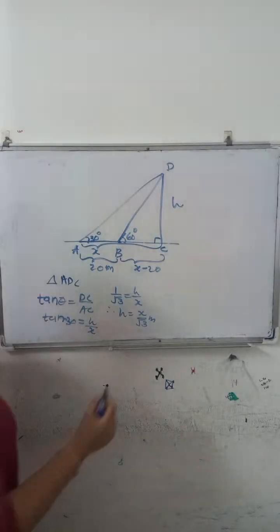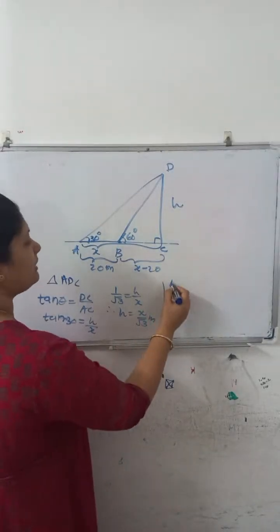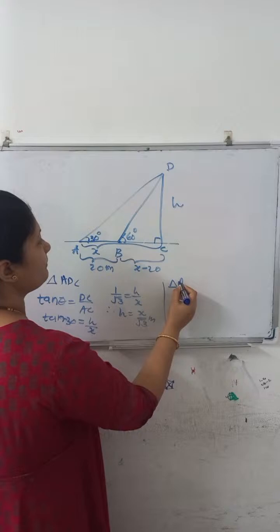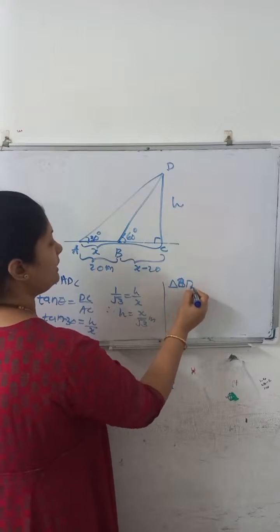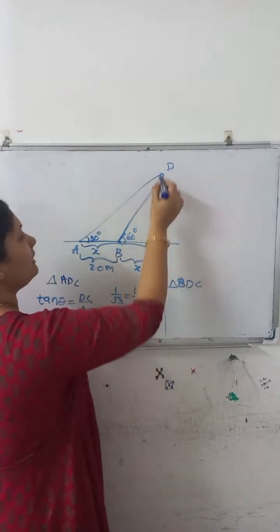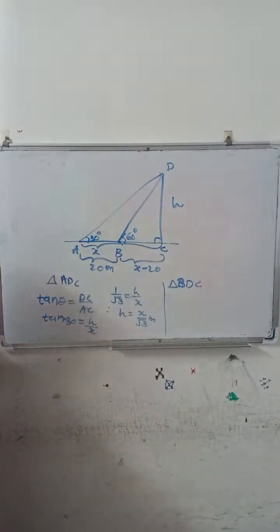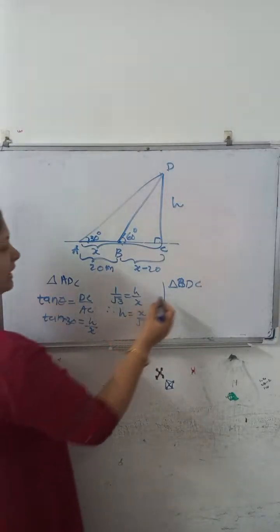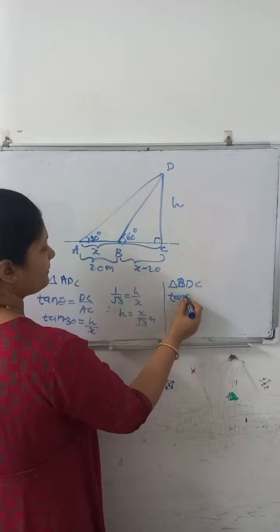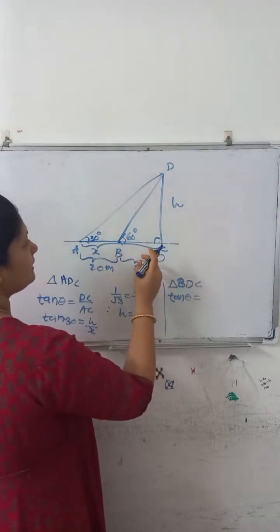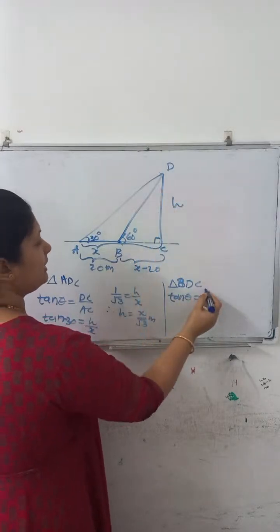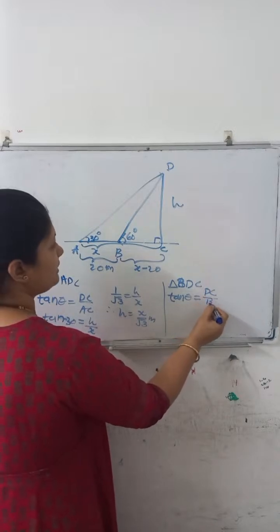Now we can go for triangle BDC. Here again we can apply tan theta. Tan theta is opposite, that is DC, by adjacent, that is BC.